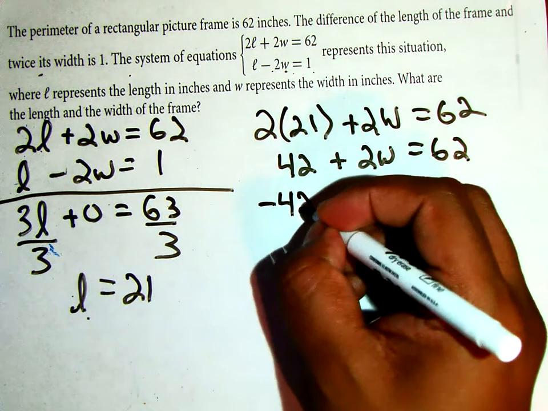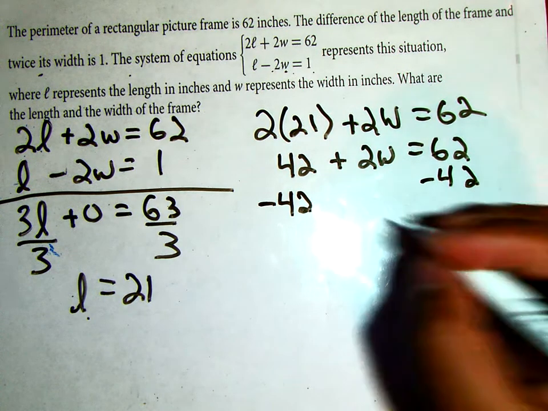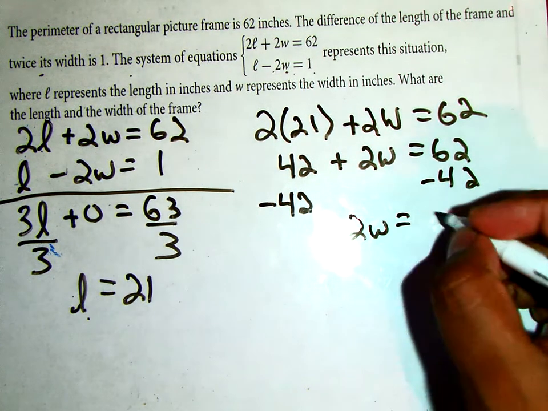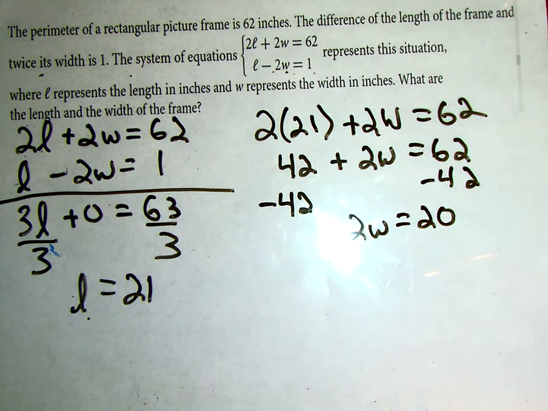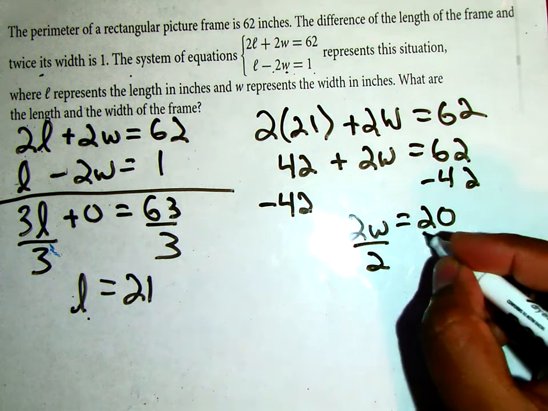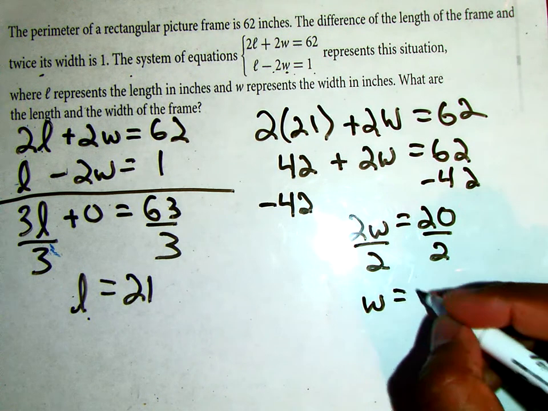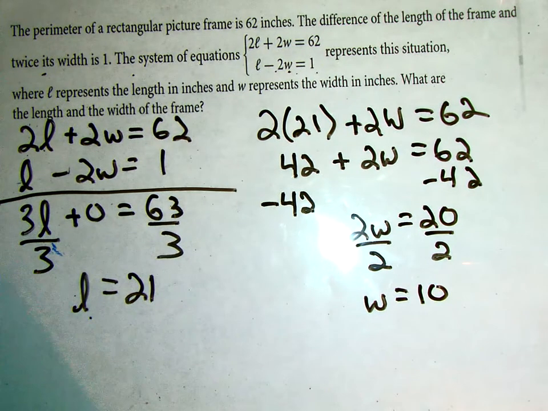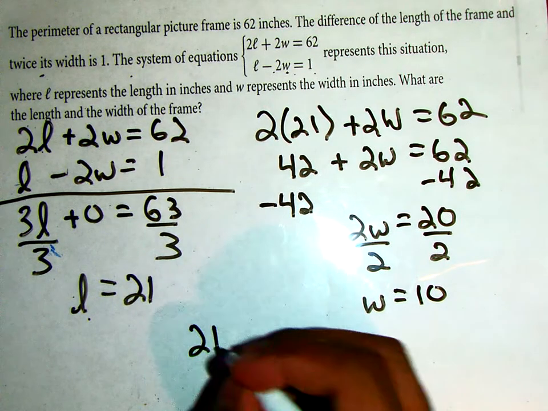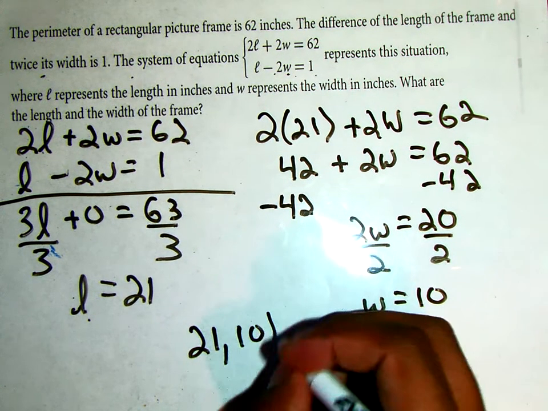Subtract 42 on both sides. Divide by 2. And W is equal to 10. So we have our length, which is 21, and our width, which is 10.